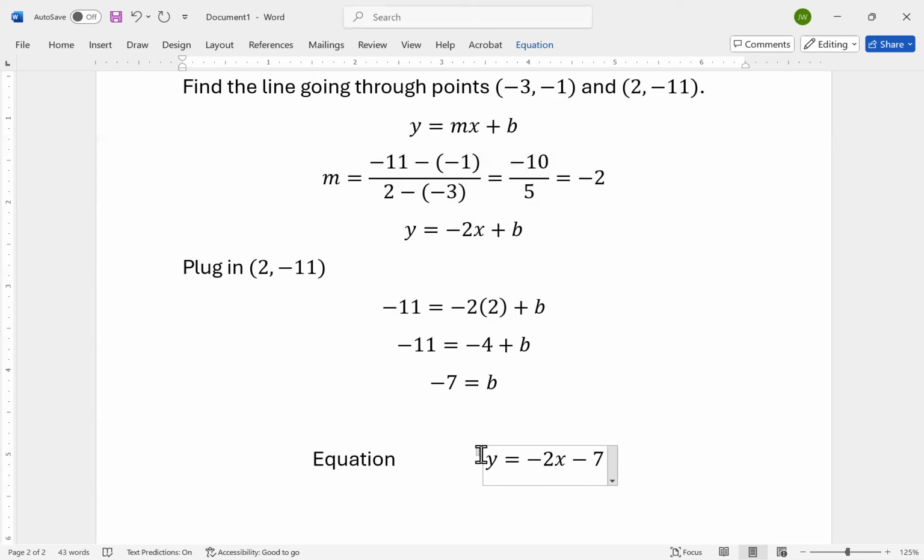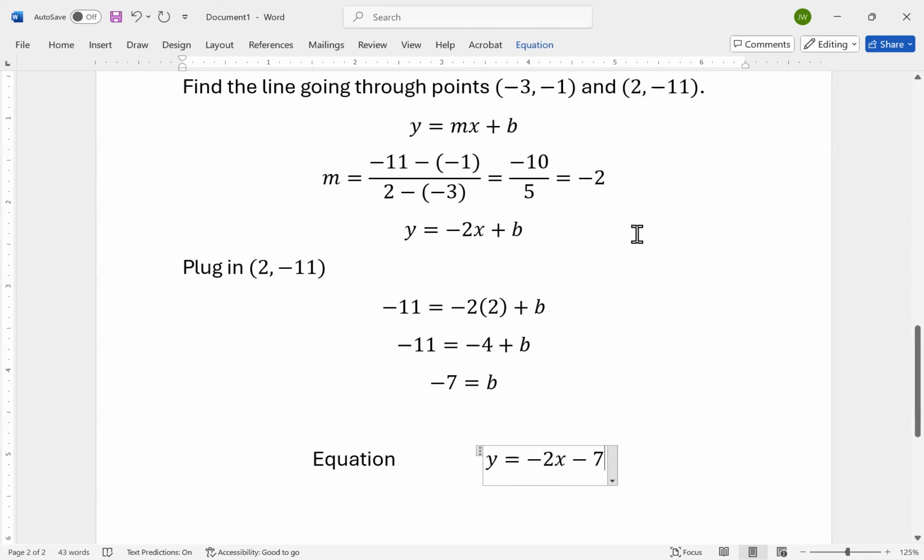Now, one way to check that this equation is the right one is to plug in both pairs of points. Plug in the first point, see that it gives you a true statement, and then plug in that second point and see that it gives you a true statement. If you plug in -3, -1, and then simplify, you should get a true statement, which in fact you do.